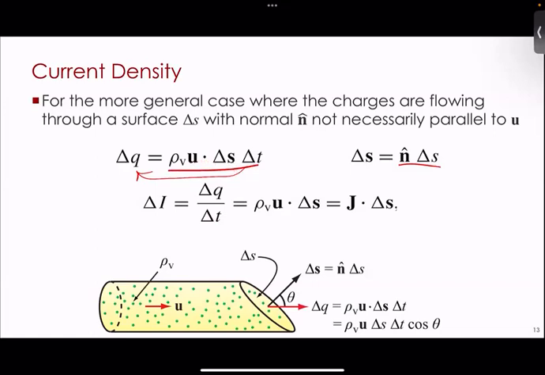So if U, the velocity of the charges, is perpendicular to delta S, then none of the charges flow through delta S. It's like you're wading in a river, the water is flowing down the river, the water molecules represent the U, and you have a fishing net, and you want to know how much water is flowing through your fishing net.